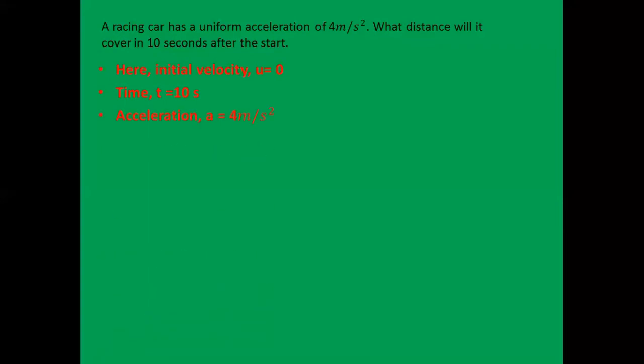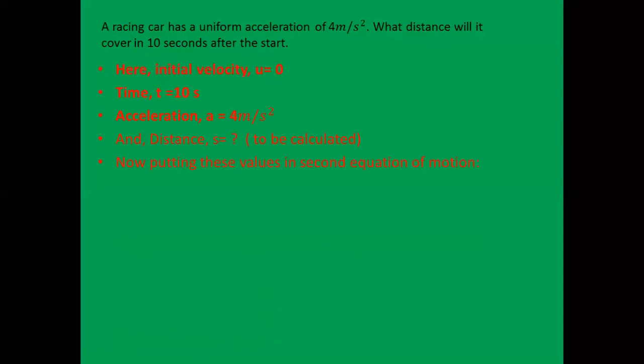The acceleration a is also given, 4 meters per second squared. The final velocity and s are not given, but t is given. So we can find the distance traveled by this body.